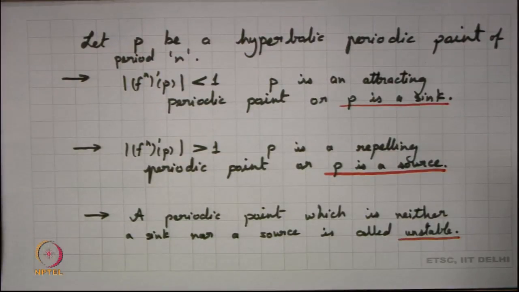Now, all we tried to look into is the case when you have hyperbolic periodic points, and now we are looking into what happens to the case of non-hyperbolic periodic points.